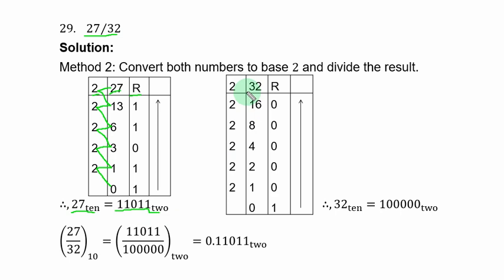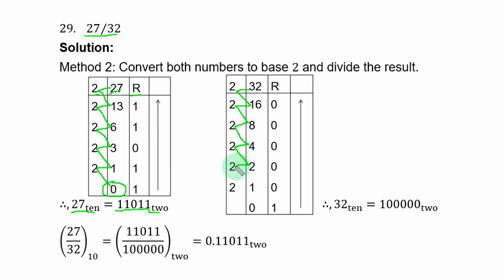You take the second number, that is 32, and carry out the same operation. You divide by 2 continuously until the quotient is 0. You can see that when we have 0 here, we stop division. So same thing here, 32 divided by 2, you have 16 remainder 0. Divide 16 by 2, 8 remainder 0. Divide 8 by 2, 4 remainder 0. Divide 4 by 2, you have 2 remainder 0.